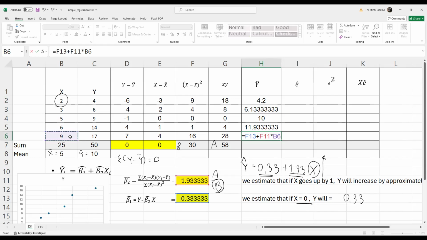Then sum it for me. Sum all the y hat for me. And calculate the mean. Do sum and calculate mean for me, please.